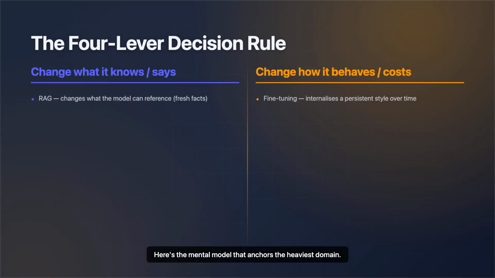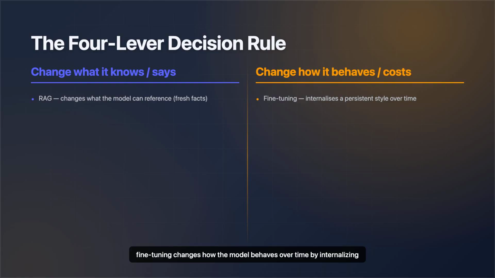Here's the mental model that anchors the heaviest domain. There are 4 levers you can pull with a foundation model, and every scenario maps to one of them. RAG changes what the model can reference, so it's your lever for fresh, frequently changing facts. Prompt engineering changes how the model responds to a given input.